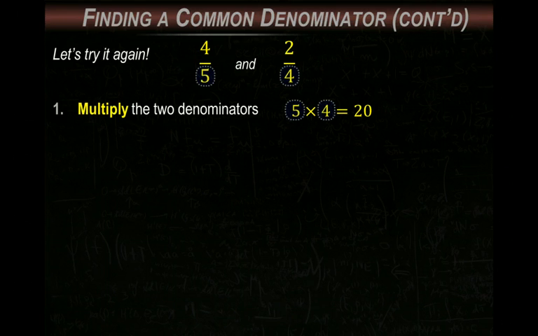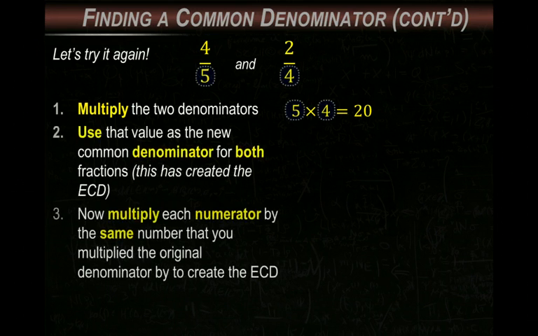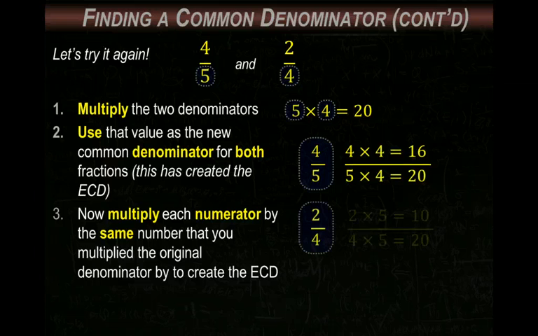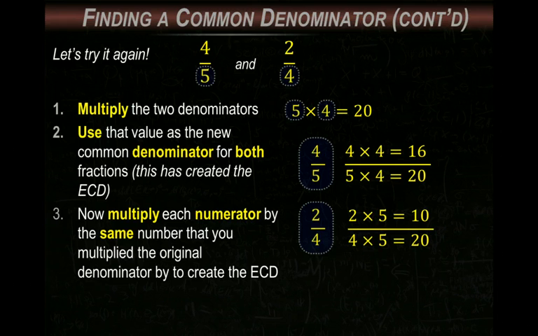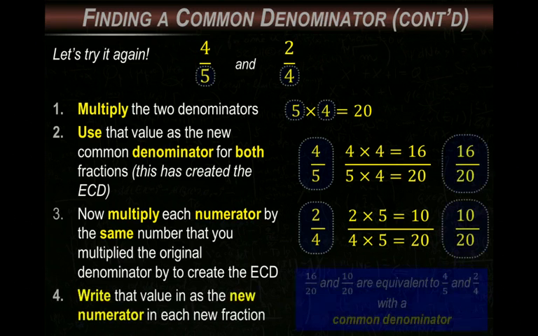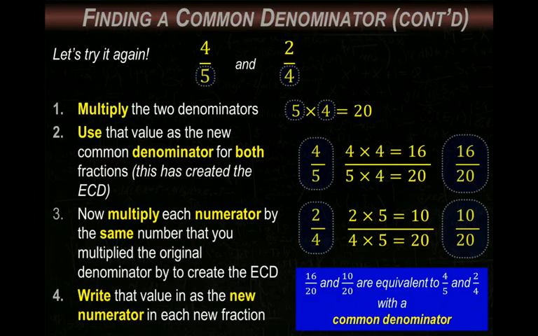I go 4 times 4. In order for this one to get to 20, I multiplied it by 5. So I multiply this one by 5. So I get 16/20, and I get 10/20. And those are my two new fractions that mean the same as these two, but they have the same bottom number. And so I rewrite them all, and I'm done.